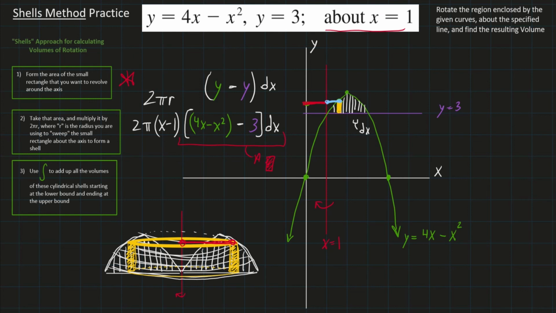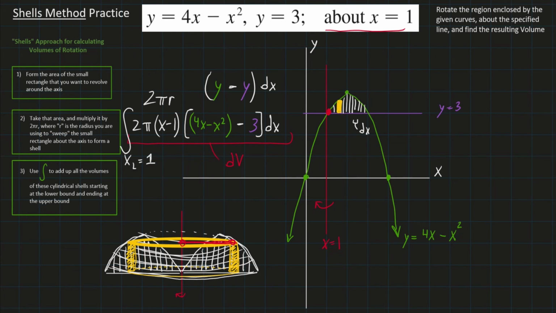Alright, so it looks like this big equation gives us the volume of one of those thin cylindrical shells. And of course, we want to add up all of these volumes. So this is a dx integral. What is the rectangle at the smallest x? Well, it's going to be this one right here at x equal to 1.